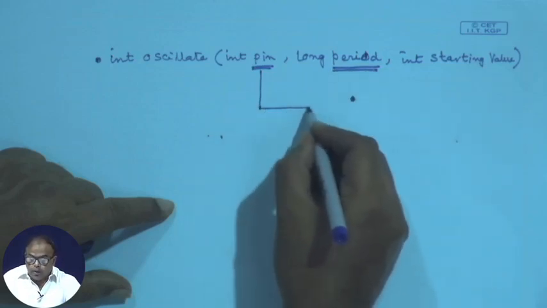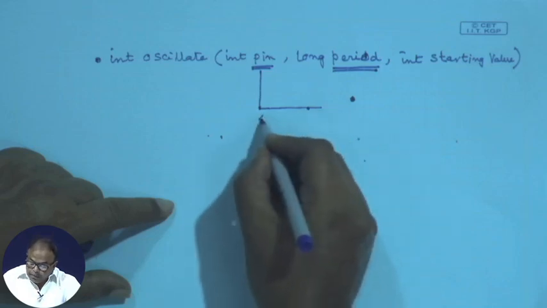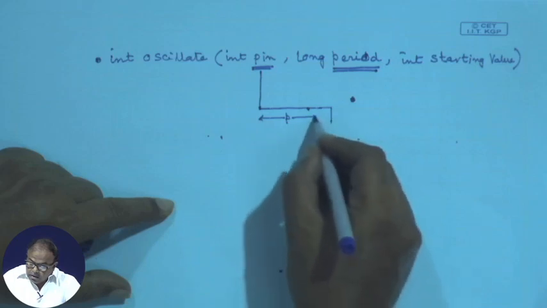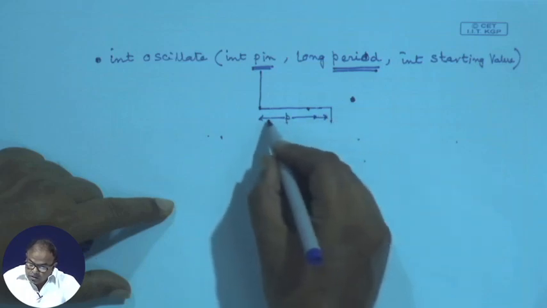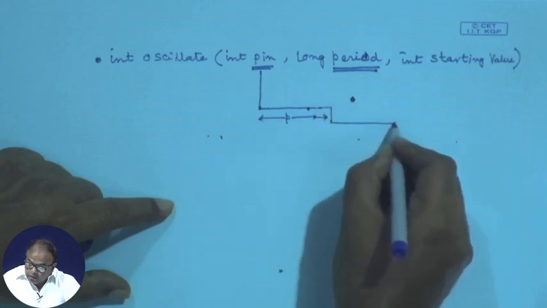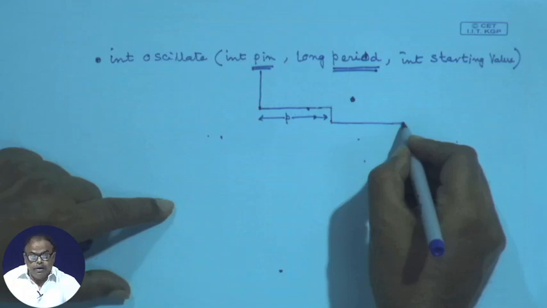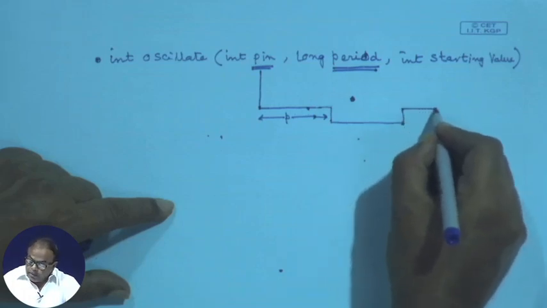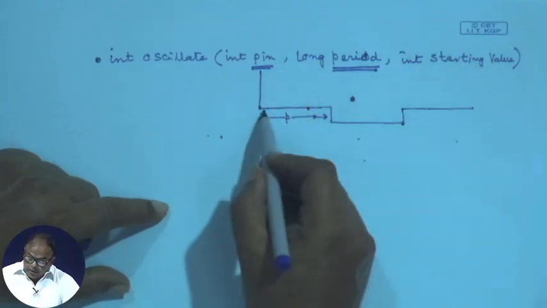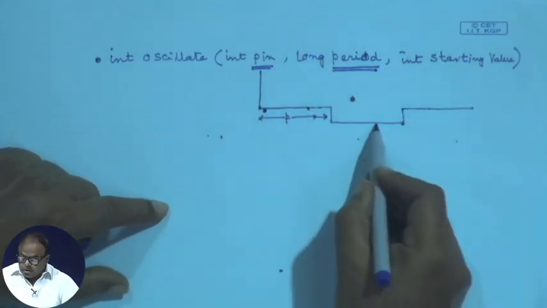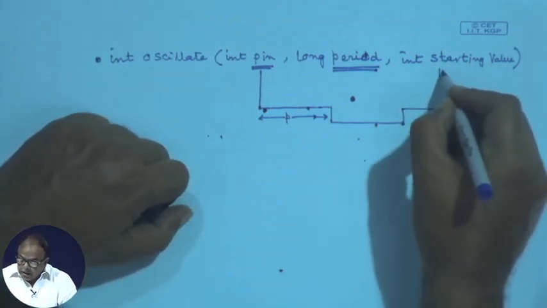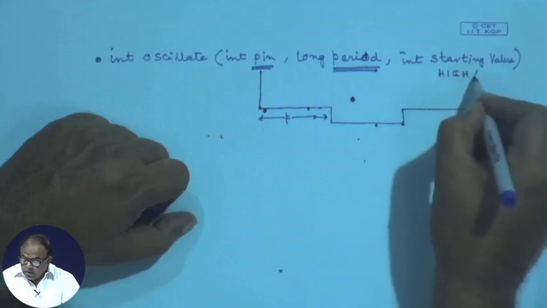Suppose this pin was 1, and after this period p I will toggle it. So, this p is say 1, 2, 3, 4, a little bit more, and then it will be toggled again. So, it is oscillating, and whether it starts from 1 or from 0 is decided by the starting value, which can be high or low.